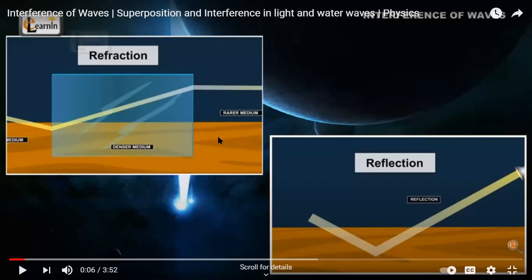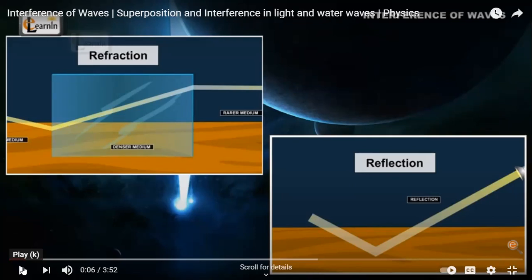These two are air, rarer mediums, and in between there is a denser medium. When the light enters from rarer to denser medium, its path is being changed. This is known as refraction. Refraction always takes place when there is a change in medium.